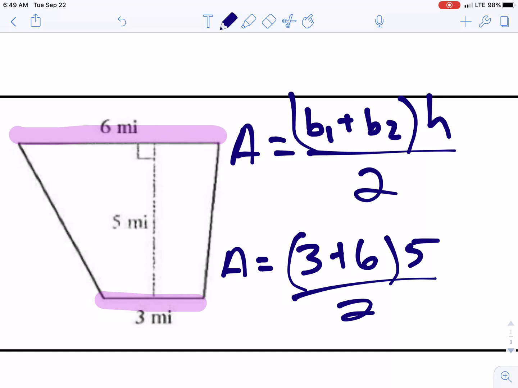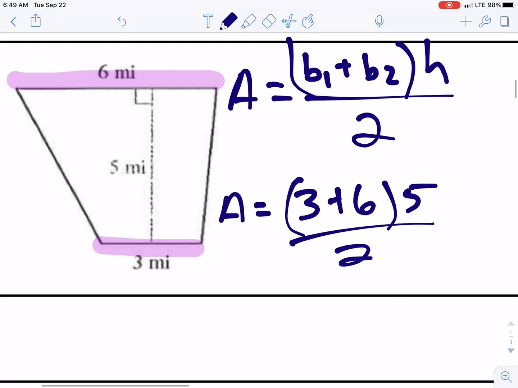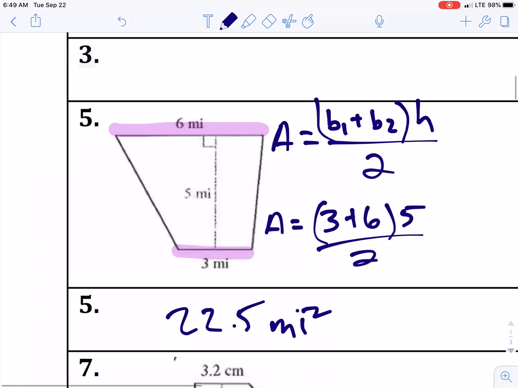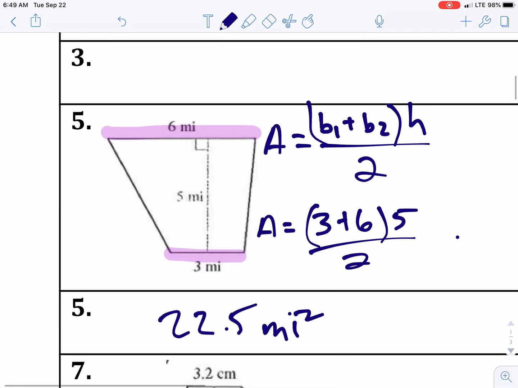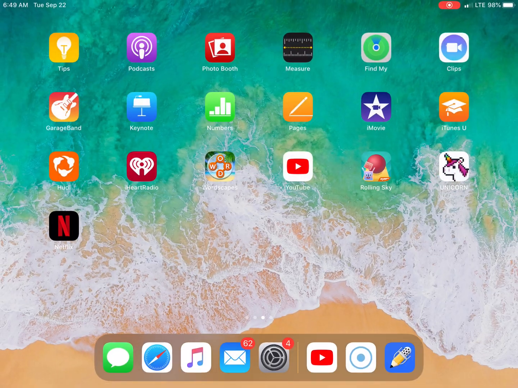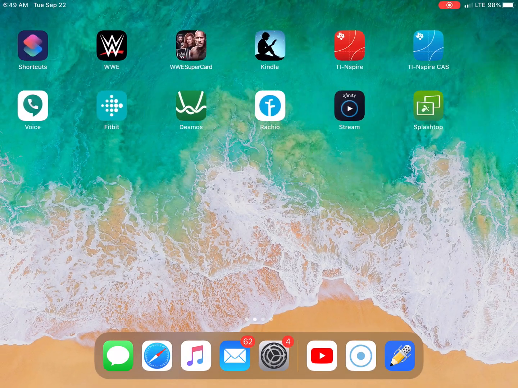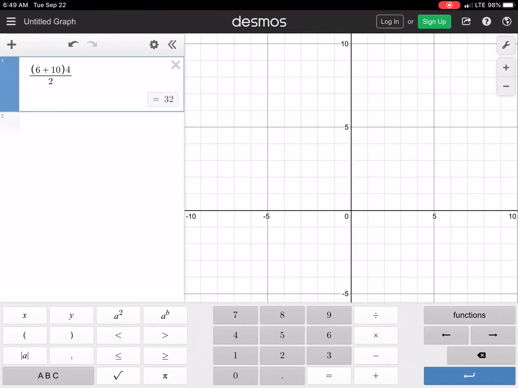Okay? And then 9 times 5 is 45, divided by 2 is 22.5. So then this would be 22.5 square miles. All right? If you're using Desmos, okay, where'd Desmos go? Right here. All right? So if you're using Desmos, you can just, here, let me delete all this stuff out of here, right?